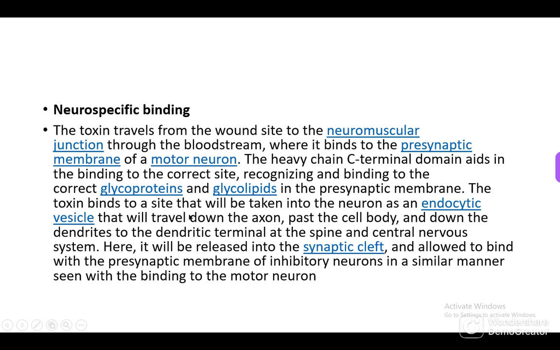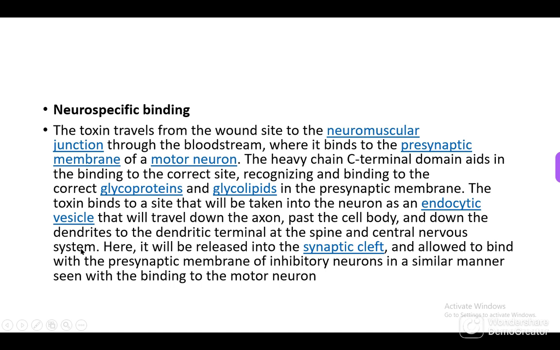The toxin binds to the site and is taken into the neuron as an endocytic vesicle that will travel down the axon, past the cell body and down the dendrite to the dendritic terminal at the spine and the nervous system. The anterior horn cells connect with the inhibiting neurons, which are called interneurons.